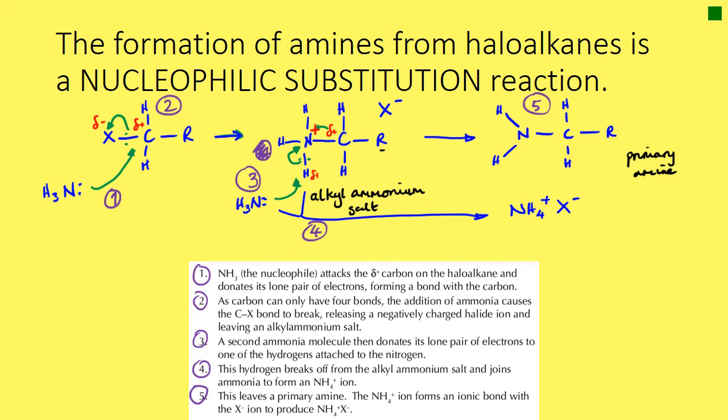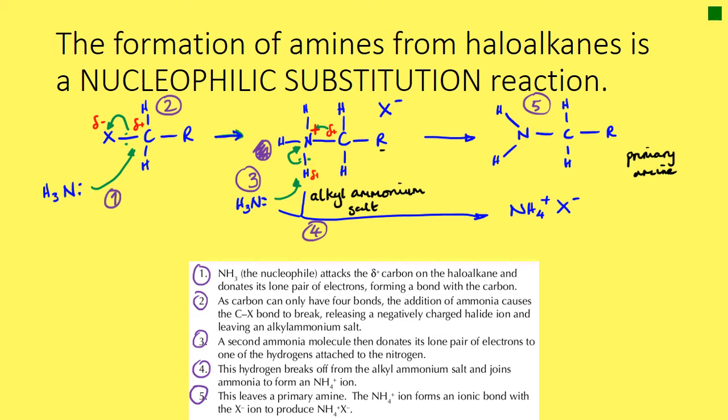So some of the rest of nitrogen's electrons are involved in the 3 covalent bonds with the 3 hydrogens, but its remaining 2 are a lone pair of electrons, and that's quite a dense area of negative charge, and so that's going to be attracted to the small positive charge that is present on the carbon atom of the haloalkane.